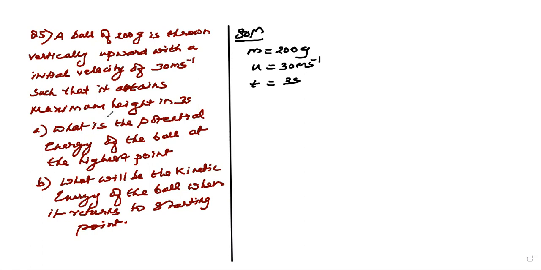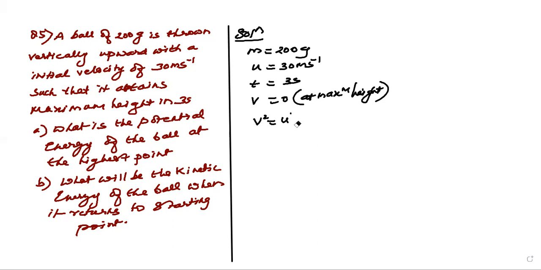And H has not been given. So I am going to use, at maximum height, V equals 0. Now the formula V square equals U square... no, T is given. Which formula has T in it, please have a look here.